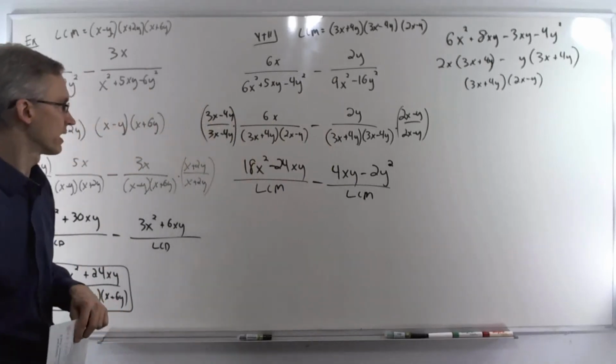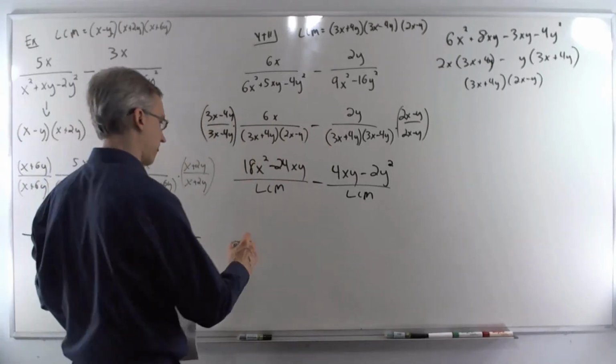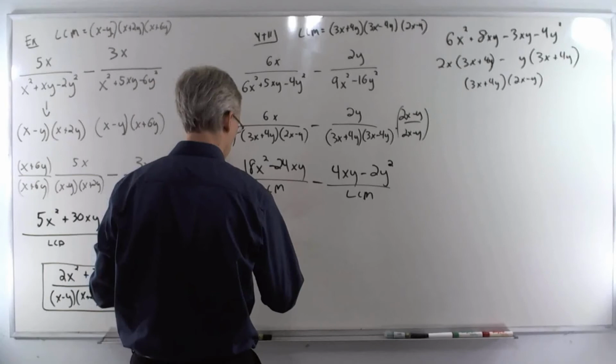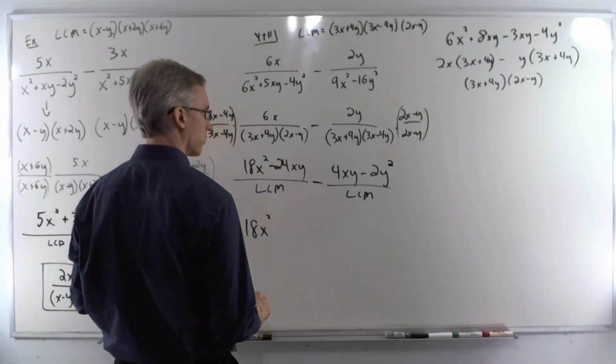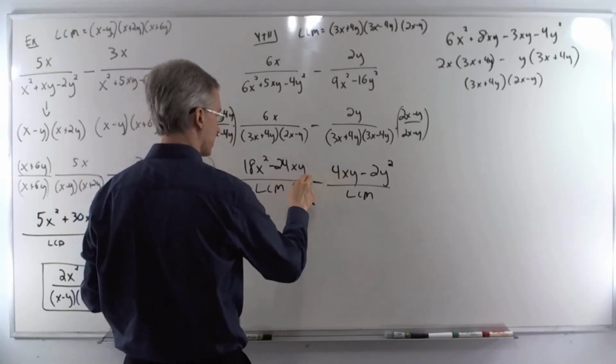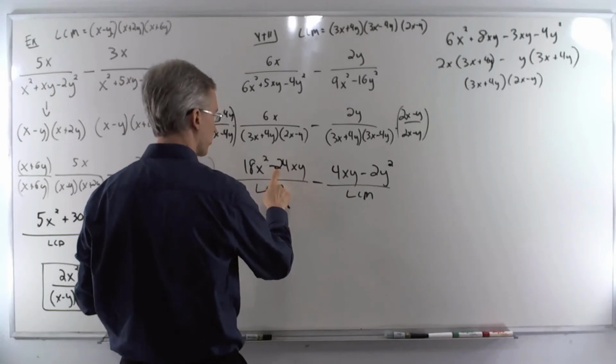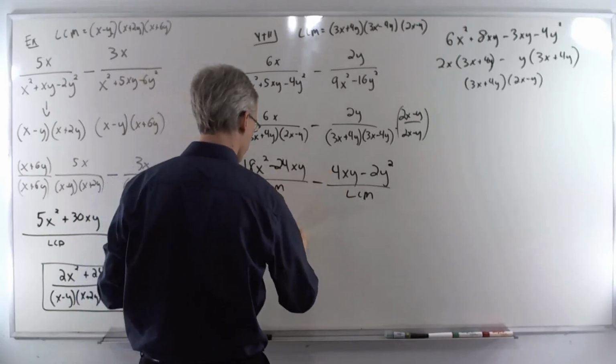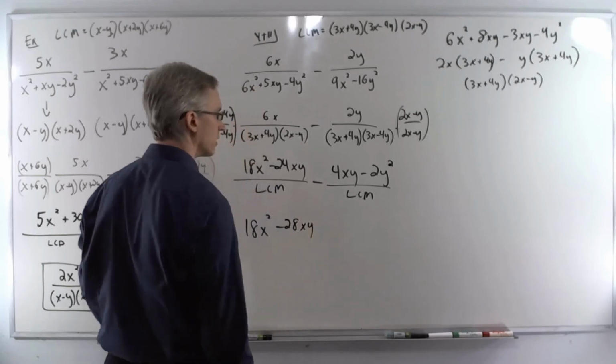And now we can combine the tops. 18x squared. The only like terms we have are the xy terms. So it's negative 24 minus 4 is negative 28xy.